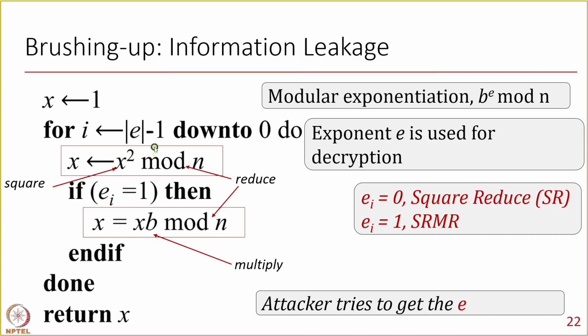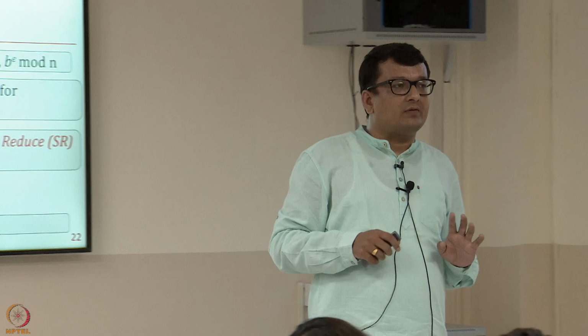And whenever you get an if condition or a for loop, you jump here and there, depending on the outcome of the condition. So now the culprit here is these conditions. If I remove the if statement, then there is no issue, right? If I remove this if statement, then I won't be able to make this deduction, that a particular bit of exponent E is 0 if it is not entering into the if. Pretty straightforward, no big deal, right?